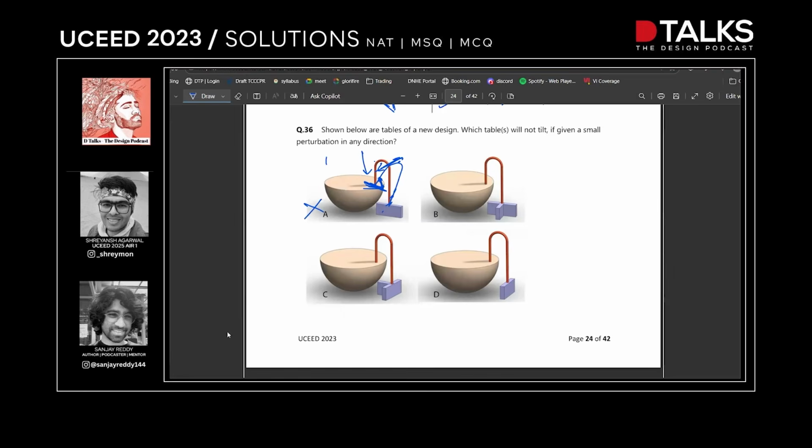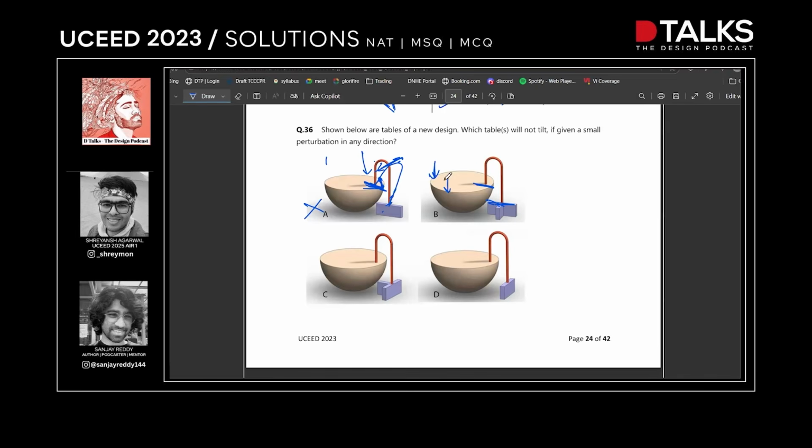It will tilt. Option B, on the other hand, similarly, this part is the same, it is here, so if you push here, it's not gonna tilt. But this time, when you give a force on this side or on this side, if the table tilts like this, since there's this small part, it's not gonna tilt. It's gonna give it support, right?